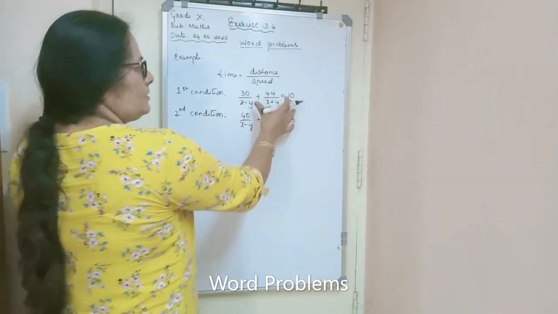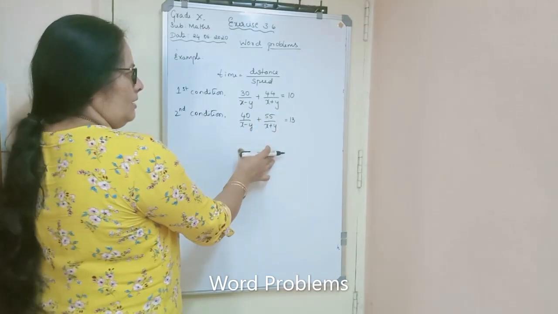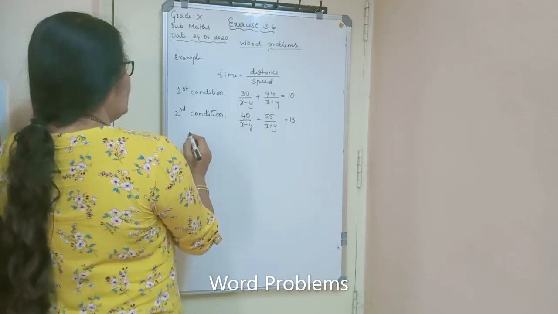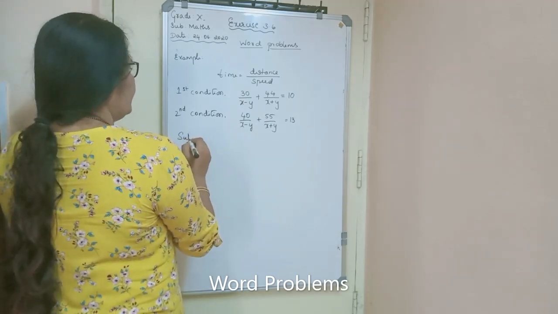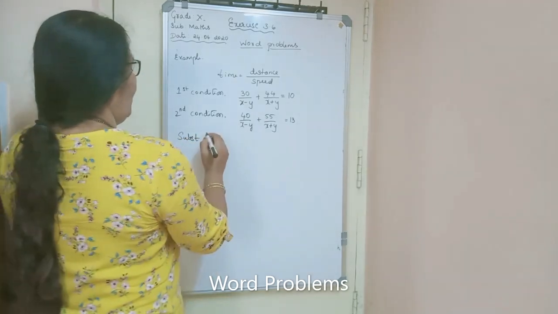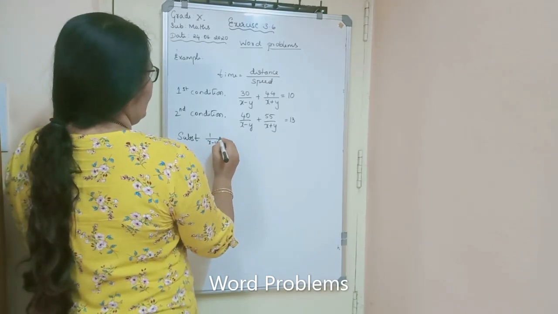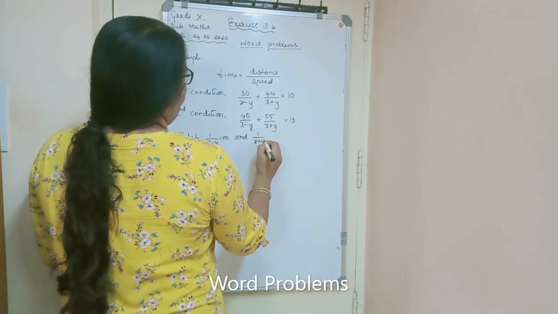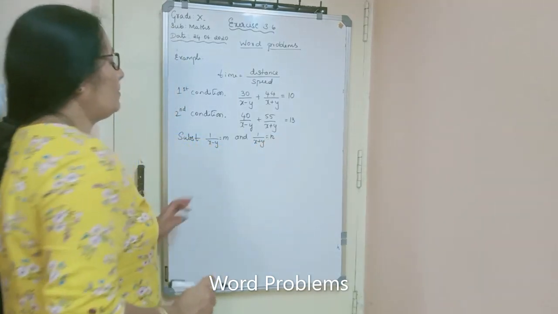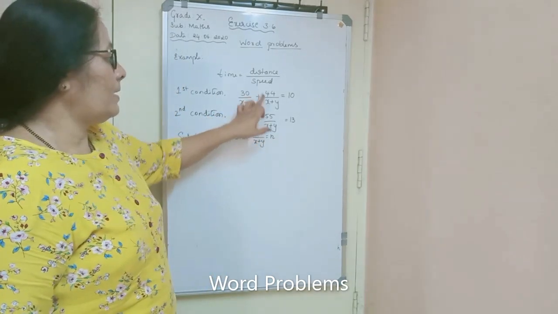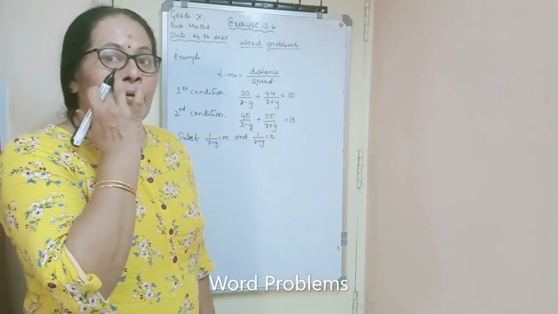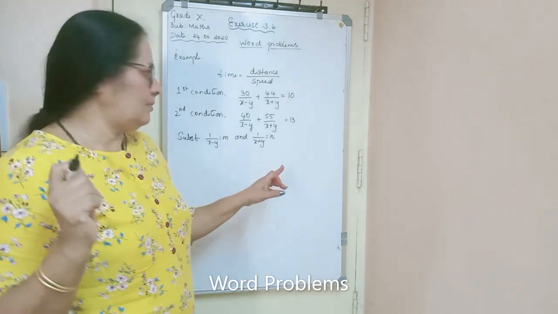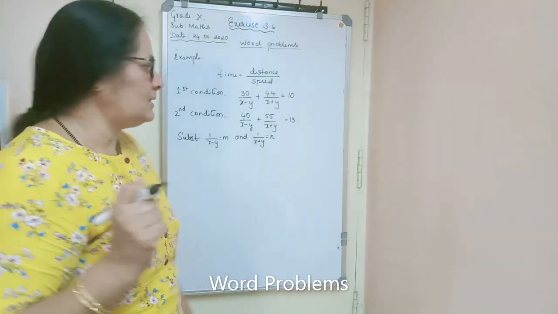Now first we will simplify these two equations. In this first equation, substitute 1 by x minus y as m and 1 by x plus y as n, since 1 by x minus y and 1 by x plus y are common in both equations.